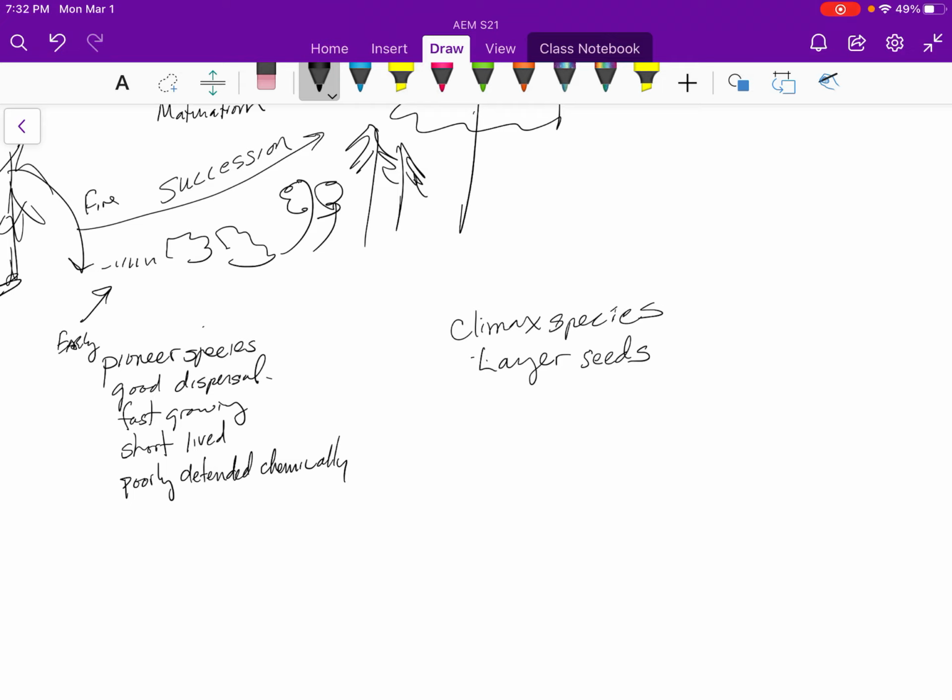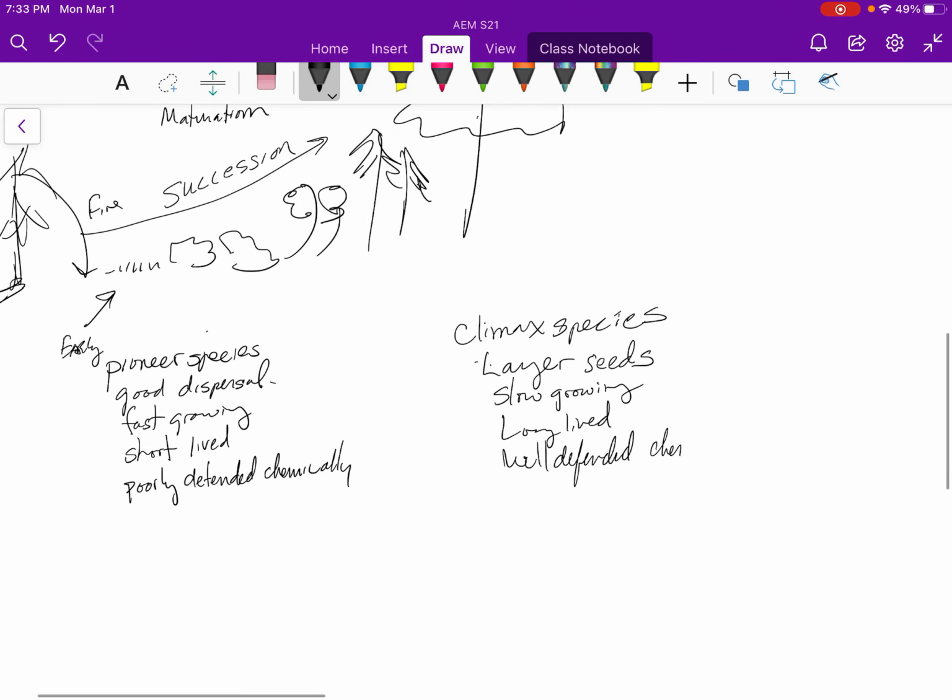They are usually not that great at dispersal. They tend to be slow growing. They are long lived, and they're well defended chemically. Because their strategy, more or less, is to carefully invest lots of chemicals in their leaves and defend themselves so they can live a long period of time.